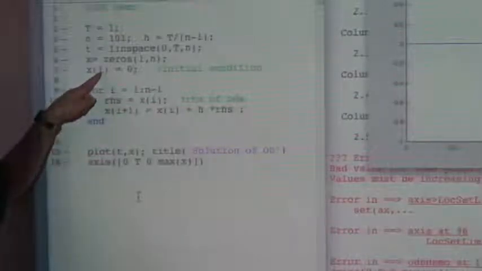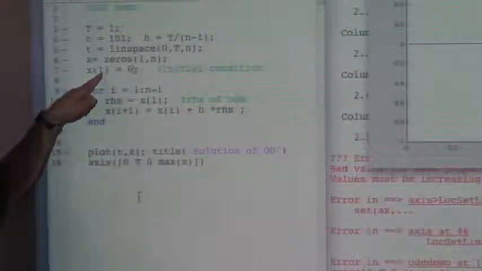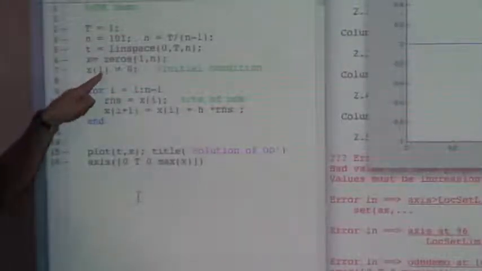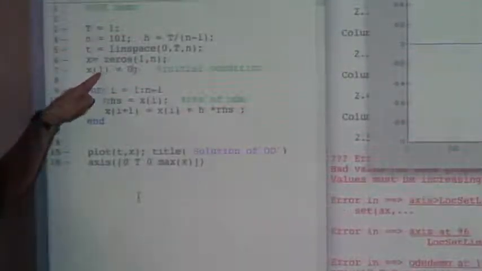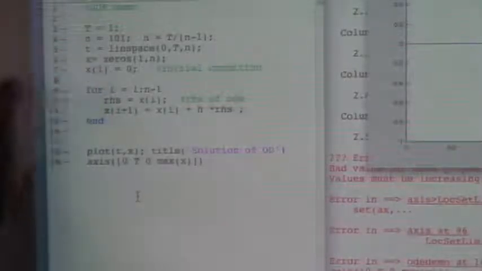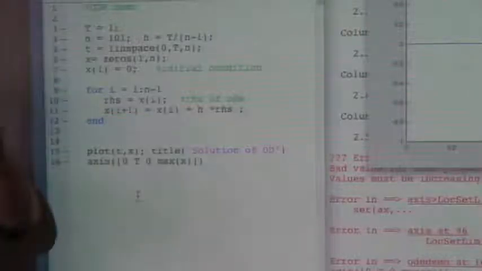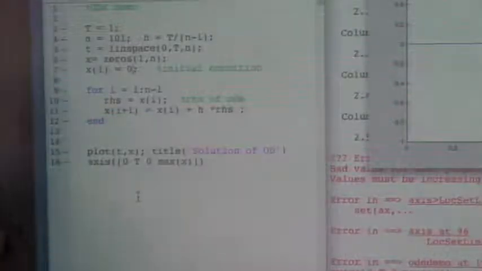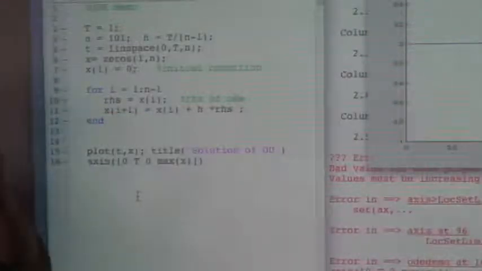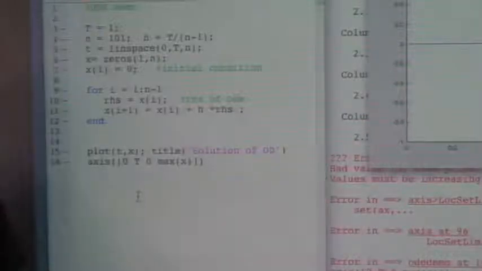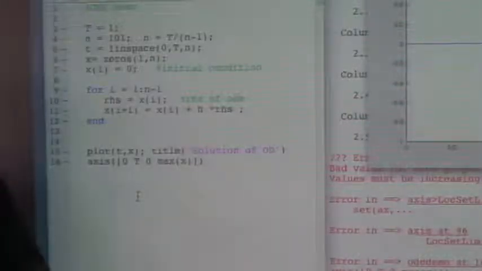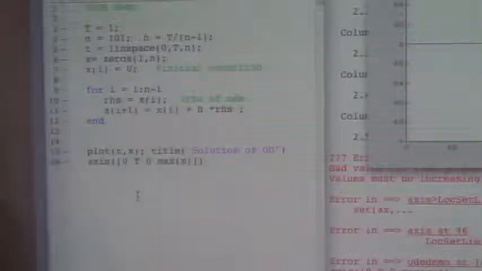So the numbers which go in here are which element it is in the list, not the value of the time. If we put x sub 7, that corresponds to x at t equals t sub 7. So we have these two lists, x and t, which are indexed 1, 2, 3, 4, 5, 6. If we want to find the corresponding values, we look at the 7th element of both lists. Very good question. It's a very easy thing to be confused about. Yes?